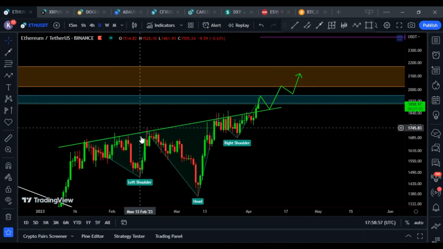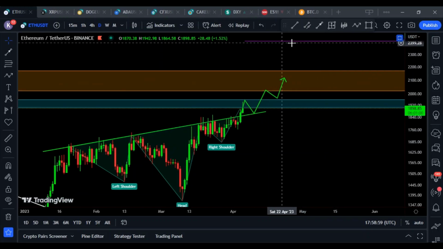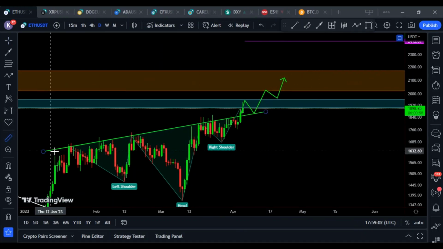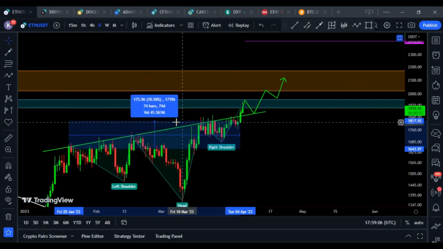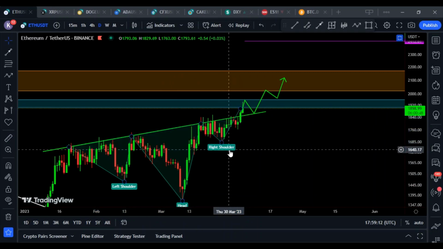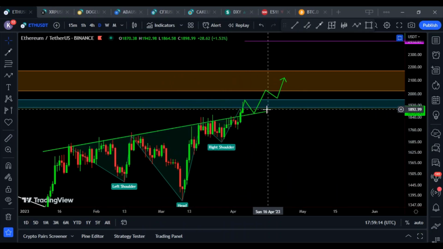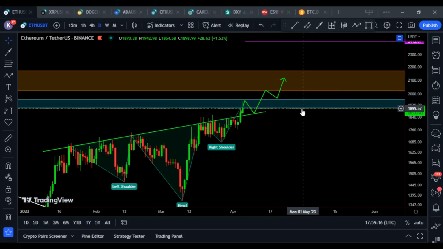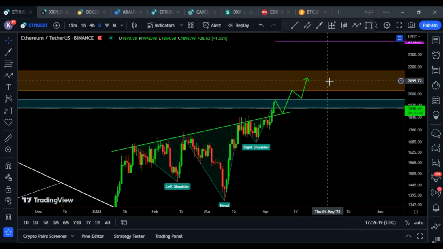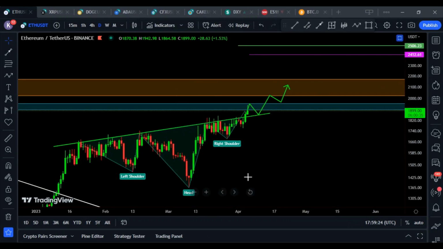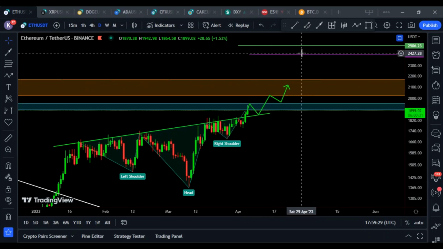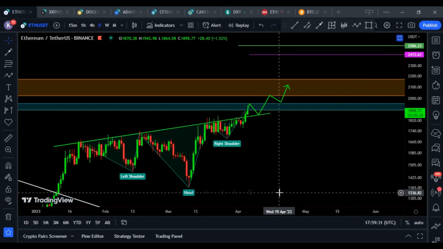Please do note, this is on the daily, so this will take some time to play out. From the first touch interaction we had until the breakout, that was 74 days. So this can play out within a couple of weeks to a month, or maybe even more, for our final target. This is not a short time frame move. So this would be a potential scenario of just grinding to get over the target we have.